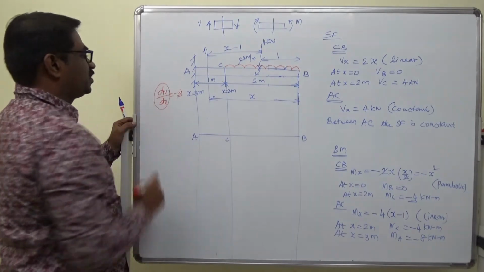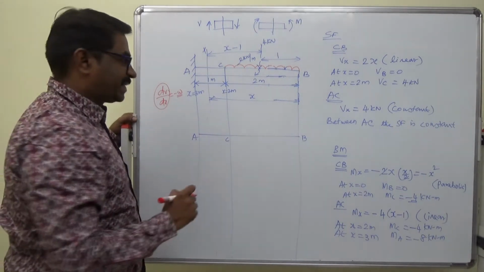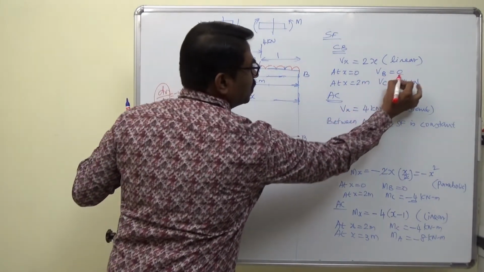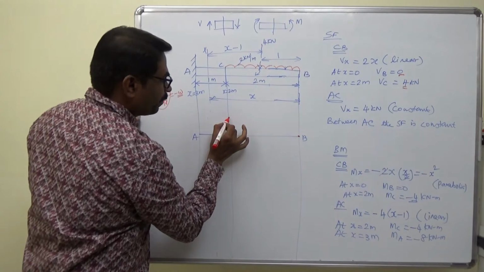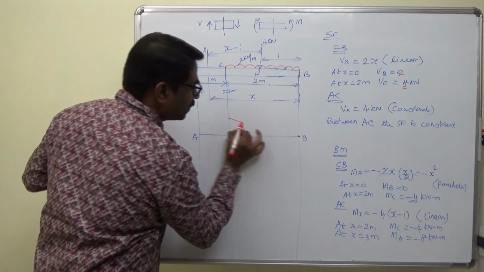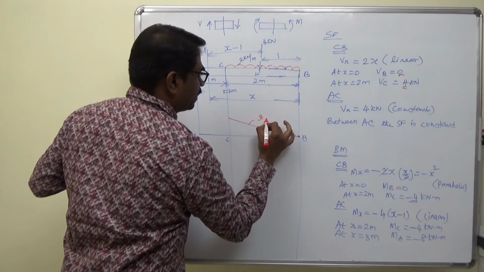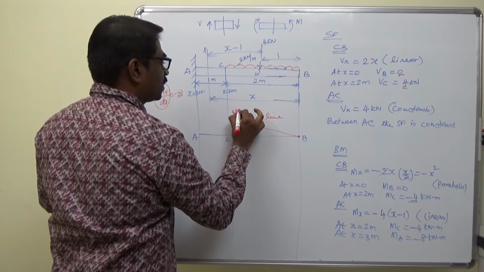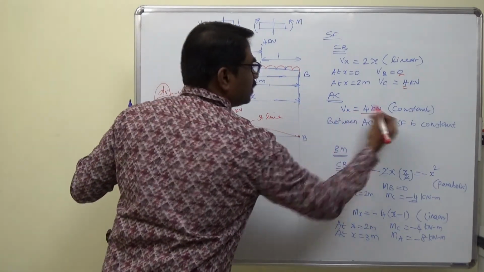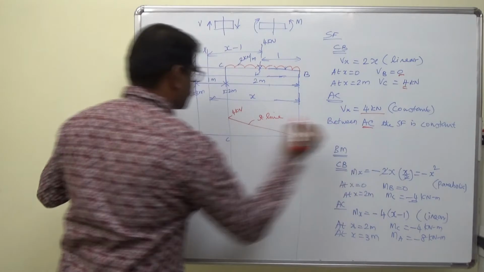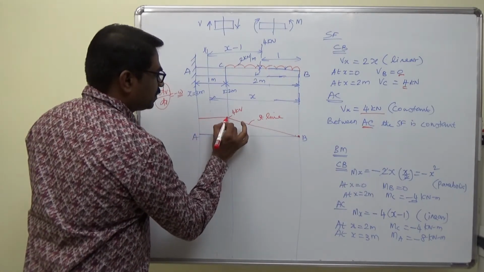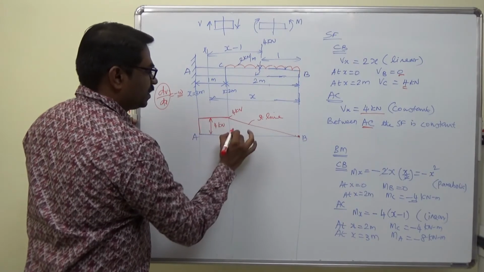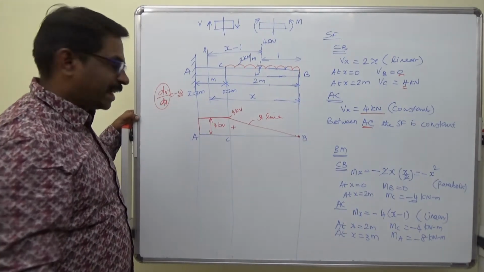So the slope in shear force diagram is going to be constant. So here, 0, 4. The variation is linear. It is a straight line. The value here is 4 kilonewton. And between AC, it is constant, and it is going to be 4 kilonewton. This is your shear force diagram.